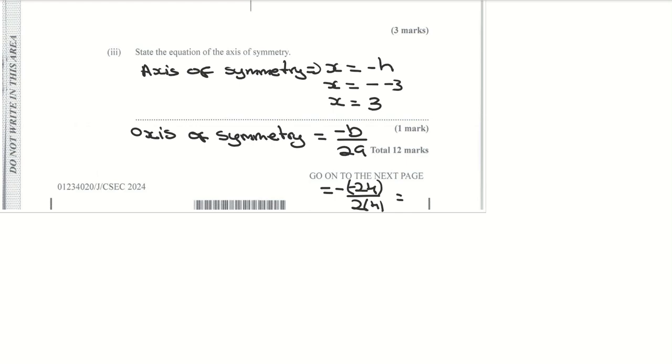Since b is already negative, a minus and a minus make a plus. So it's 24 over 8, which is equal to 3. So my axis of symmetry is x equal to minus b over 2a, and we can see that you still get the same answer of x equal to positive 3. And that is how you would do January 2024, number 8.